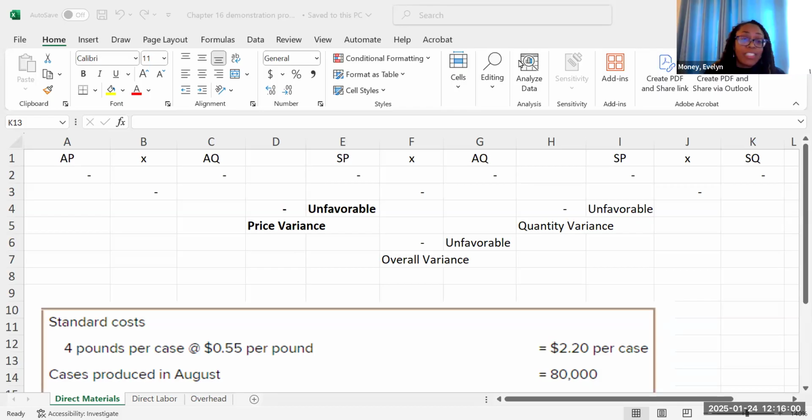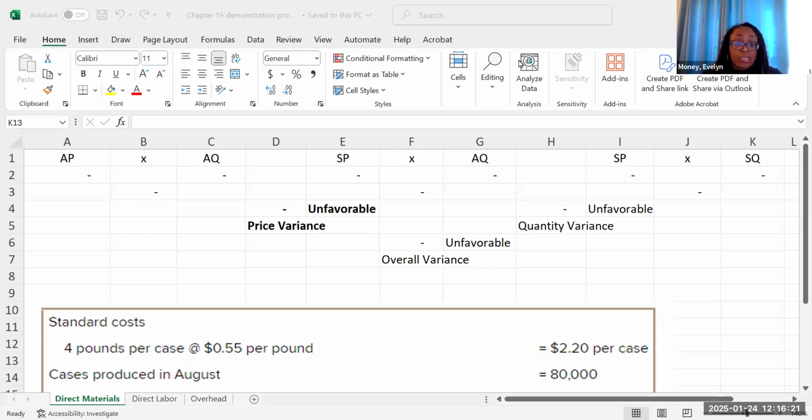Well, the problem with standard costing is that the actual amounts usually differ from the standards. So at the end of the period, we do an analysis to make sure that we've met our targets. Usually we haven't met our targets. And that analysis is called variance analysis.